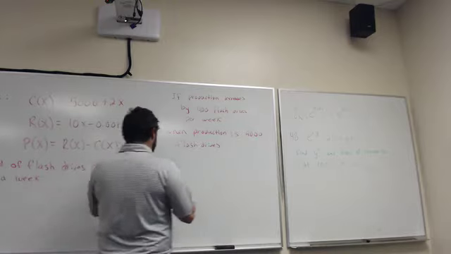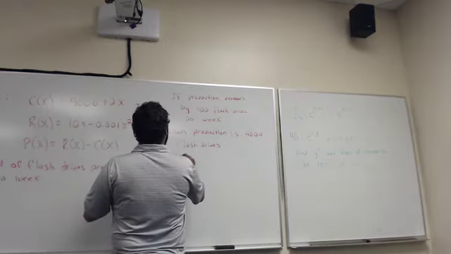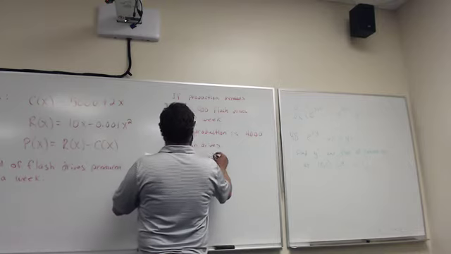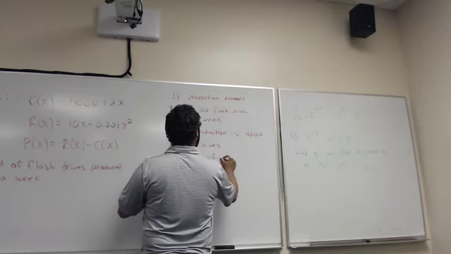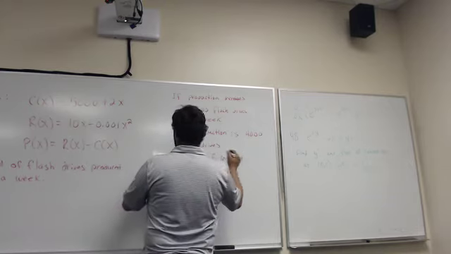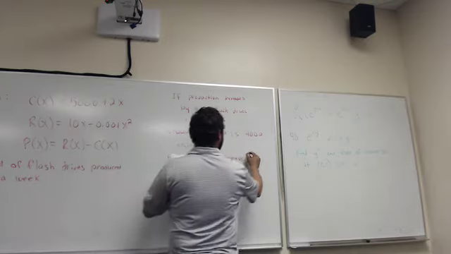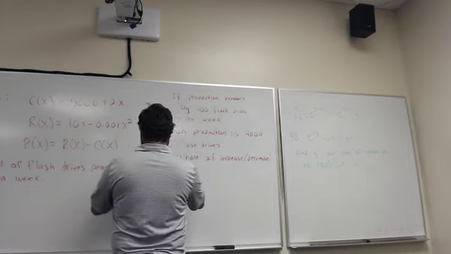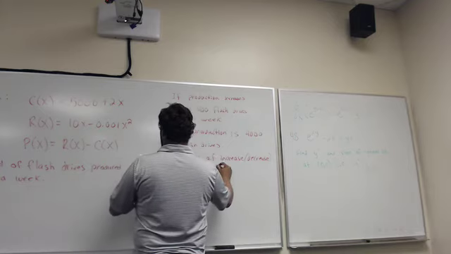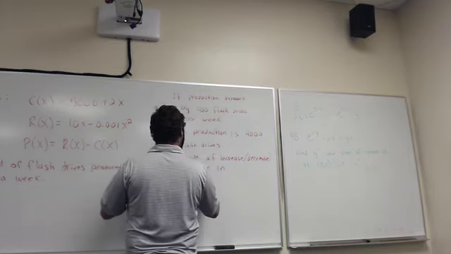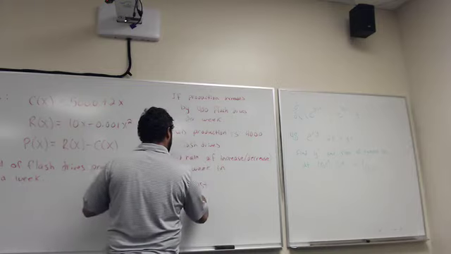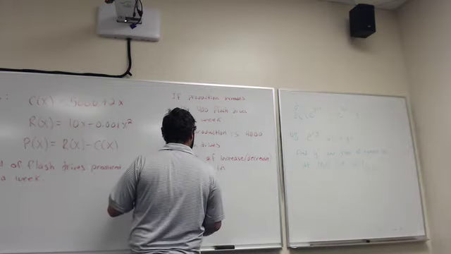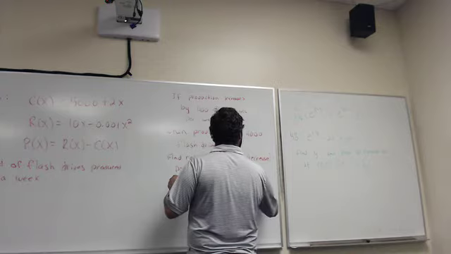Then it says, find the rate of increase or decrease, I should have really put or decrease, depending on what happens, per week. And we're going to do first cost, B we're going to do revenue, and then C we'll do profit.